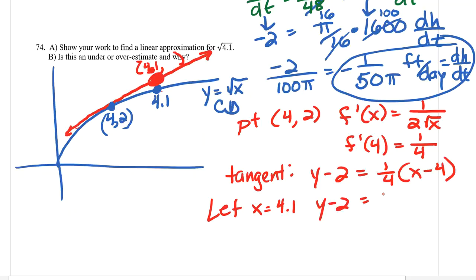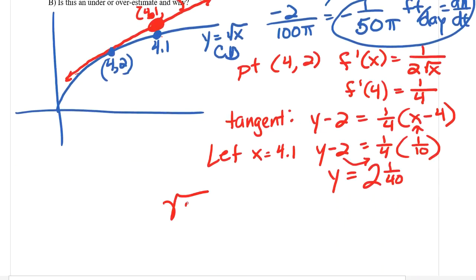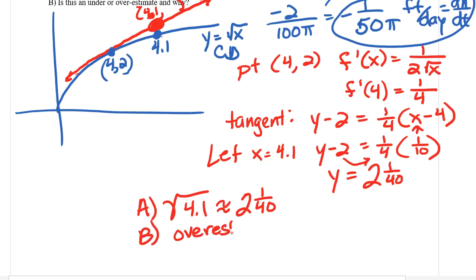So when we put 4.1 in here for x, we'll have a 1/10. 0.1 or 1/10. So change to either both decimals or both fractions. And then if I add the 2 to the other side. So there's our approximation. So the square root of 4.1 is not exactly 2 1/40, but it has to be very close. And question B, you have to explain that you know this is an overestimate. Just refer to my diagram up above.